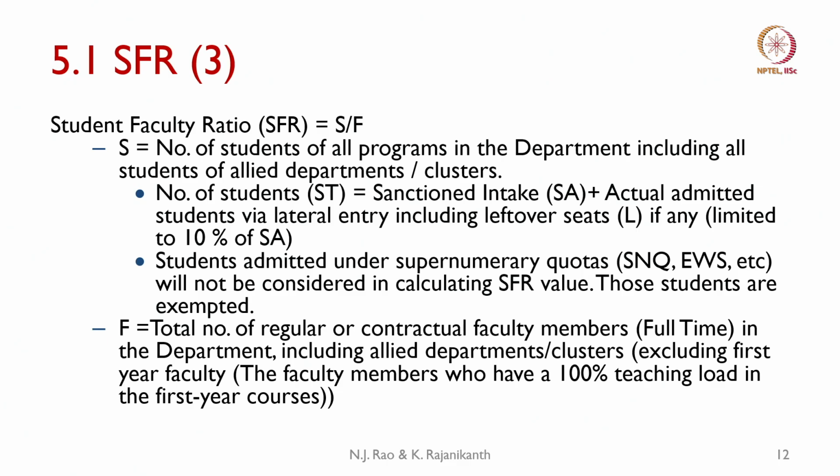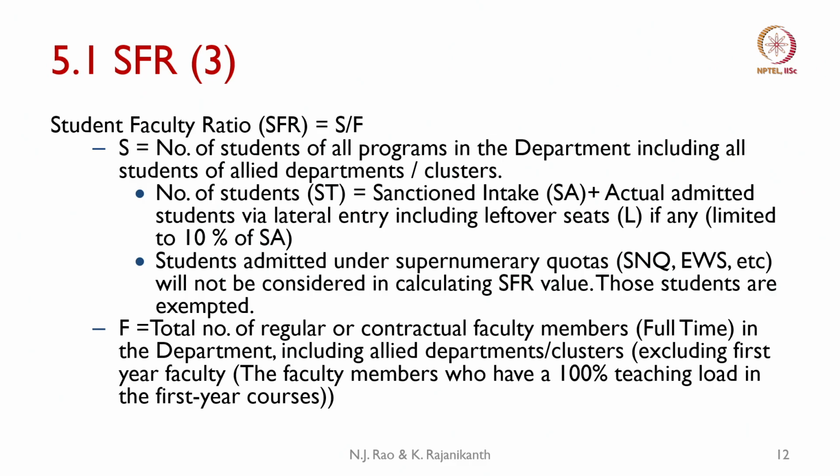So, they can be carried over to the second year and clubbed with the lateral entry. However, there is a cap on the total admissions that can happen in the second year. These are all the regulations merely. So, please cross check with your appropriate bodies for total, authentic and up-to-date information. So, ST is calculated like that, SA plus L.